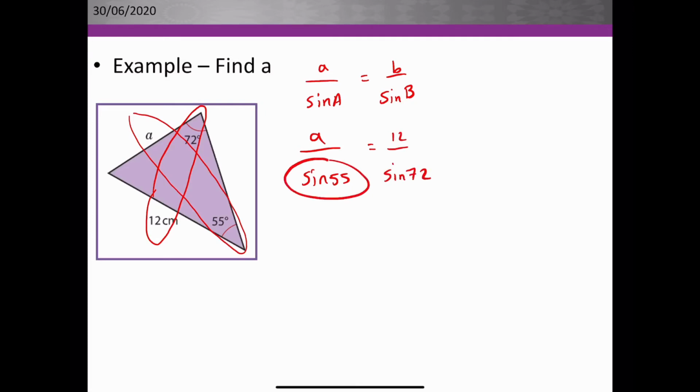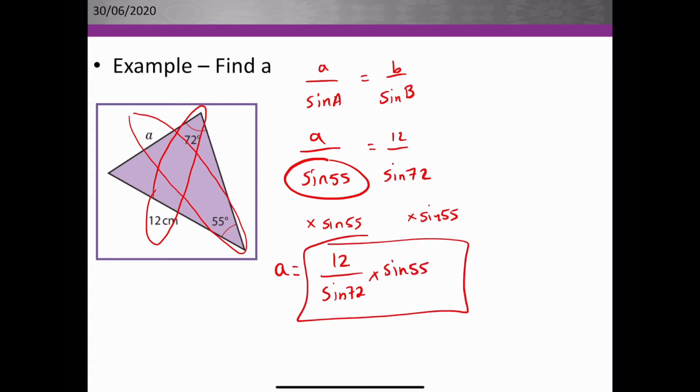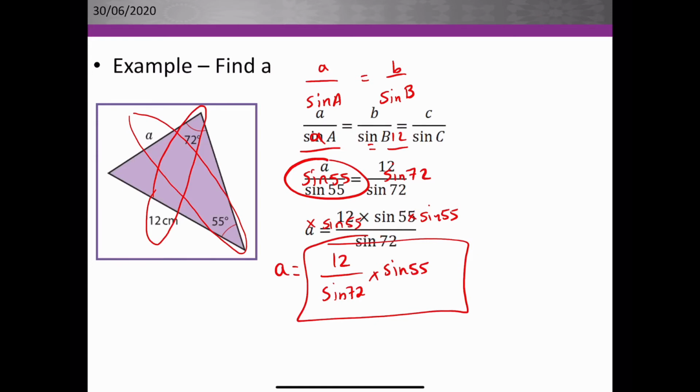Somehow I want to get rid of that sin 55. The opposite of dividing by sin 55 is timesing both sides by sin 55. So you're left with a equals 12 over sin 72 times sin 55. Then type this in your calculator, and that gives you 10.3 if you do it correctly.